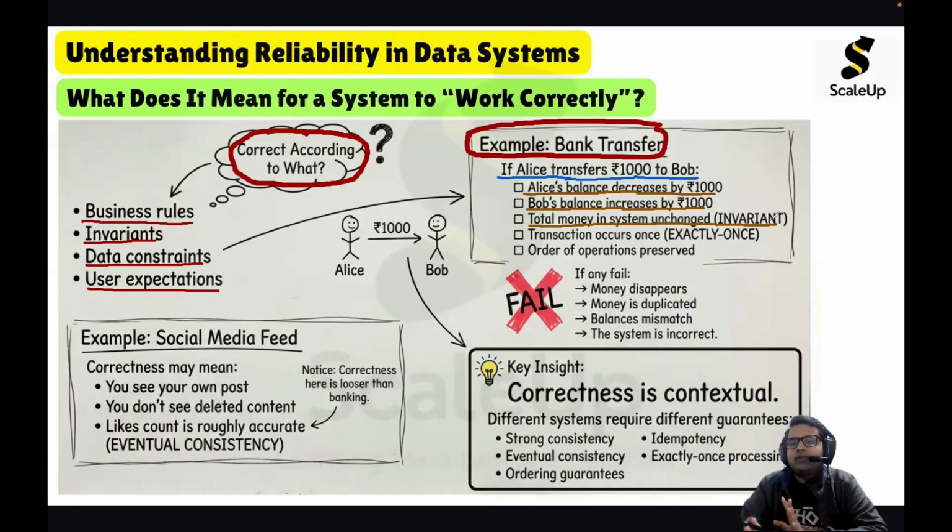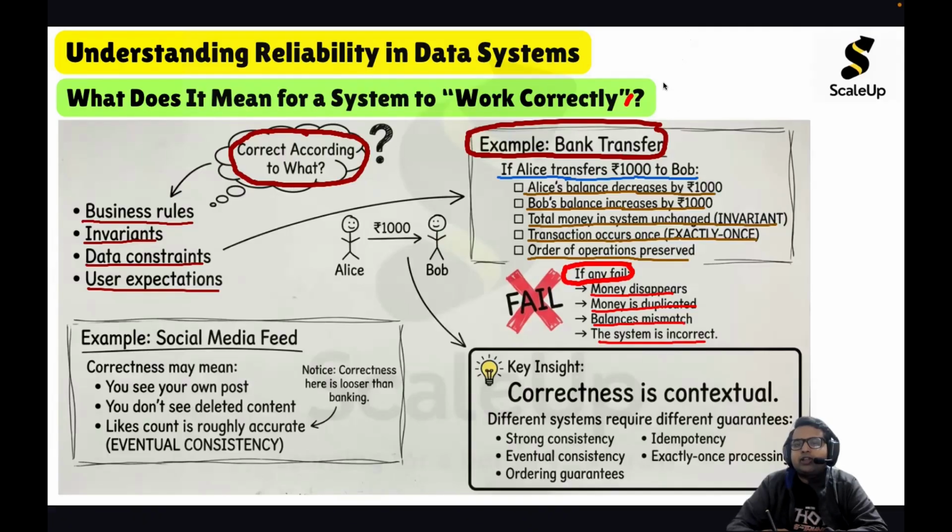Considering both accounts, the total money should be the same. The transaction should occur exactly once, and the order of operations is preserved. If any of these fail, money disappears, money duplicates, balances mismatch, and the system is incorrect.